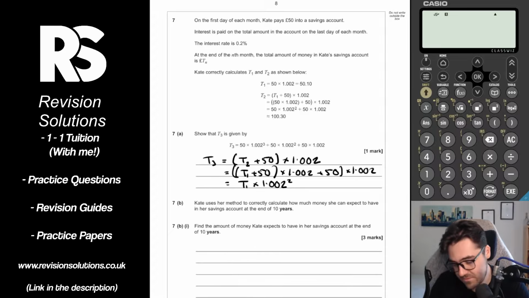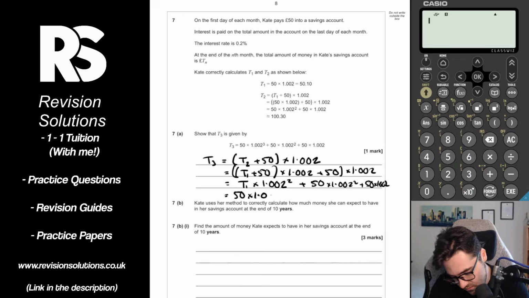Then we're going to have a 50 times 1.002 squared, and a 50 times 1.002. And if we backtrack once more and plug in the T1 value that she did before, so 50 times 1.002, we are going to get the same thing that they asked for. So 50 times 1.002 cubed plus 50 times 1.002 squared plus 50 times 1.002.